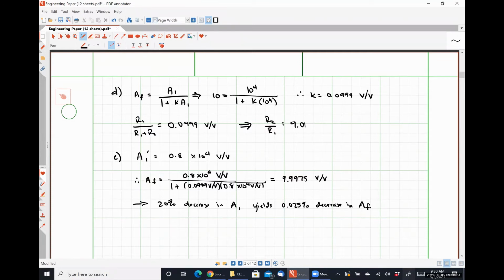So we actually have quite a lot of gain desensitivity, okay? So our open loop gain decreased by 20%, our closed loop gain decreased by less than, so like 0.025 would be a 40th of a percent.